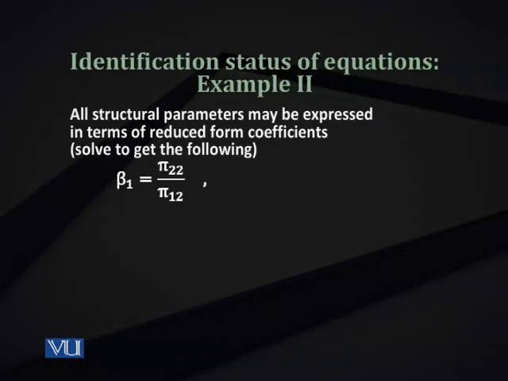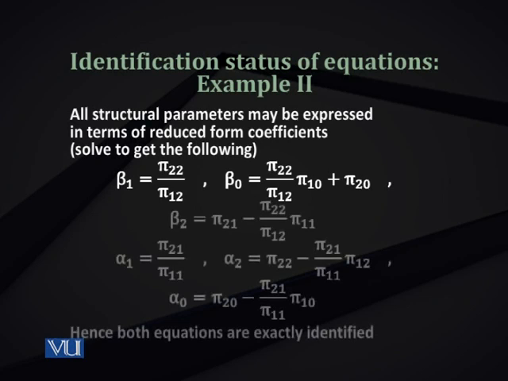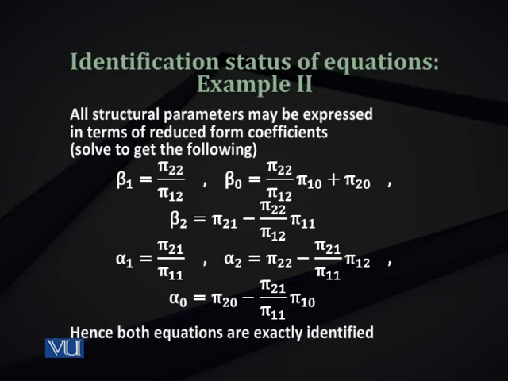You are seeing, for example, that beta 1 is pi 2 2 over pi 1 2. Beta naught is also equal to pi 2 2 over pi 1 2 times pi 1 naught plus pi 2 naught. So you have an expression for beta naught which contains only pi's, or reduced form coefficients. Similarly, you have expressions for alphas and betas that contain only reduced form coefficients.